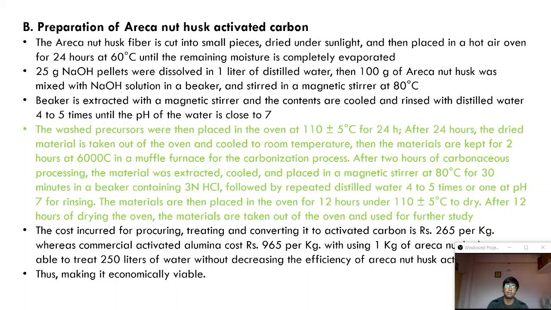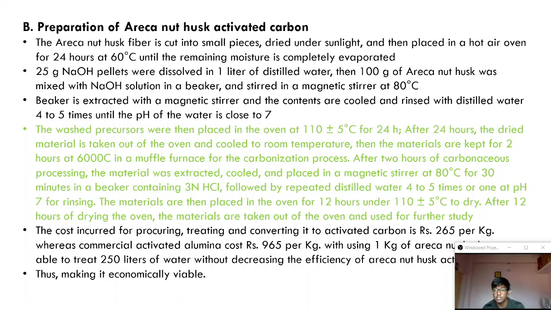The materials are then placed in the oven for 12 hours at 110 plus or minus 5 degrees Celsius to dry. After 12 hours of drying, the materials are taken out of the oven and used for further study.